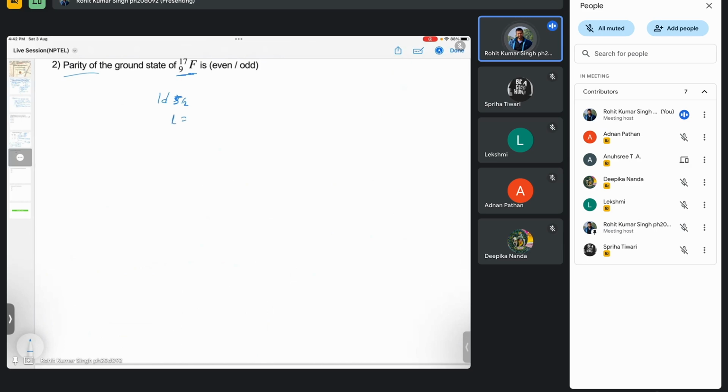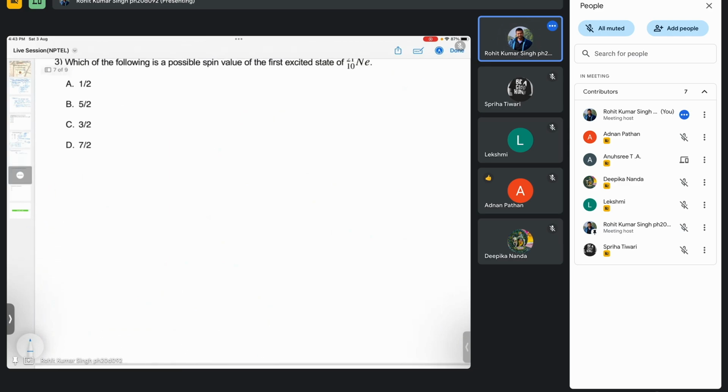And L is 2, and we know that parity is given by (-1) to the power L, right? So it will be 1. So this means that it is even parity. Is it okay?